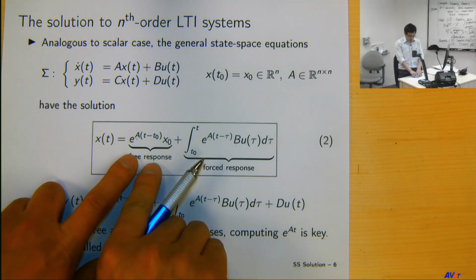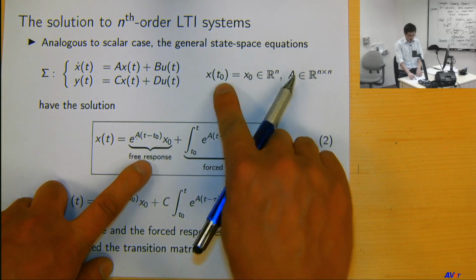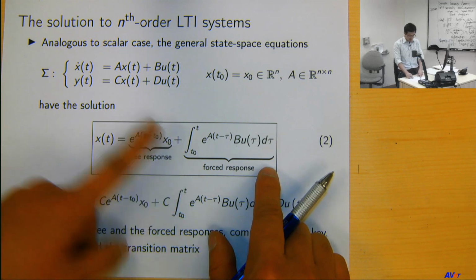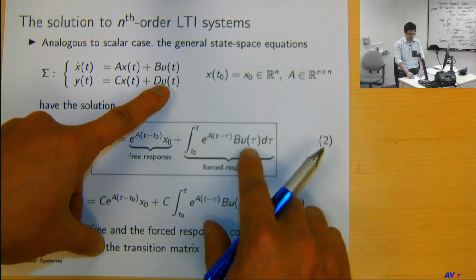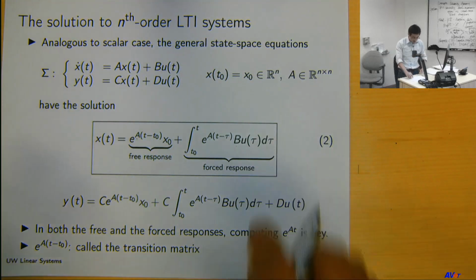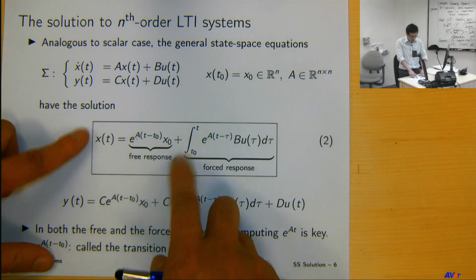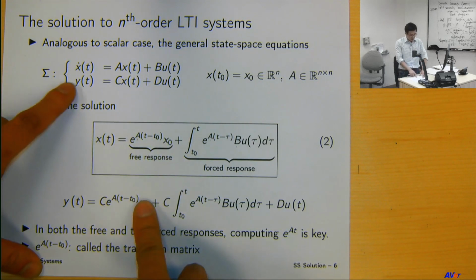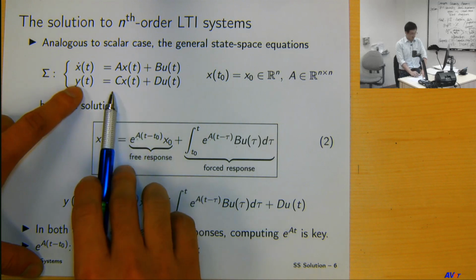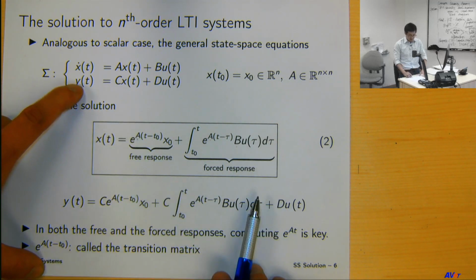Free response depends on the initial condition. Forced response depends on U, the input. So the structure is entirely the same. And once we obtain this, which is the complicated part, the output is easy. The output doesn't contain any derivatives. So the output is just C times X plus D times U.